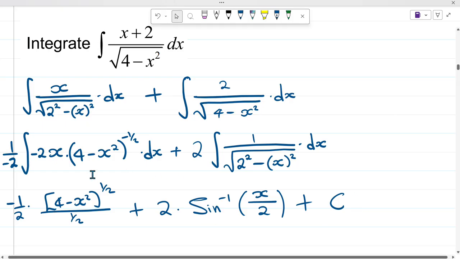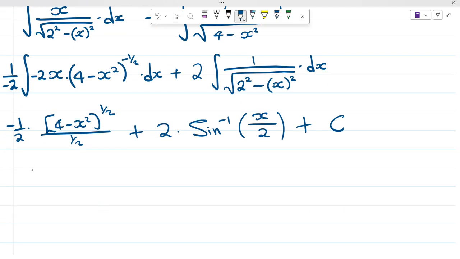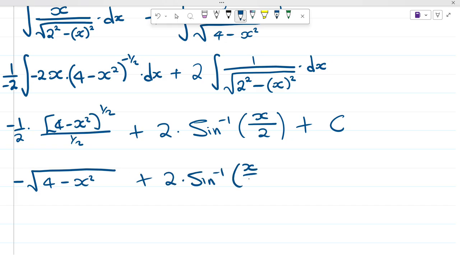And as for this case, definitely the 2 and 2 will cancel each other. Maybe I can further rewrite this nicely and say this is going to be negative square root of 4 minus x squared plus 2 sine inverse of x over 2 plus c. Then ta-da, you have the same thing.